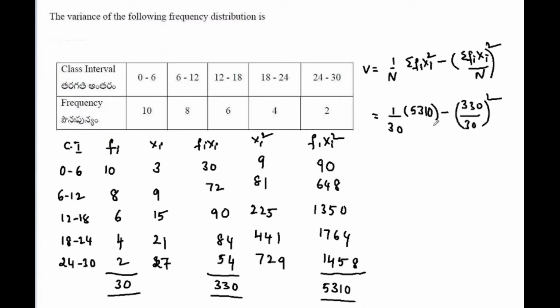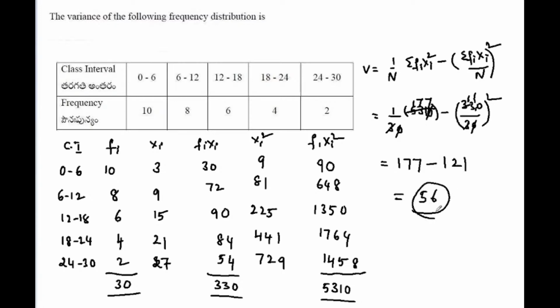Here 0, 0 cancel, 0, 0 cancel. Here also 0, 0 cancel. This 3 11 times cancel. 7 3s are 21. That is 177 minus 11 square. 11 square value is 121. That is equal to 56.